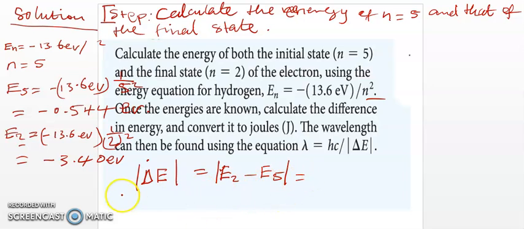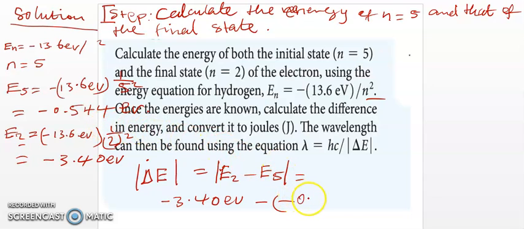The final energy was negative 3.40 electron volt, minus the initial, which is negative 0.544 electron volt.